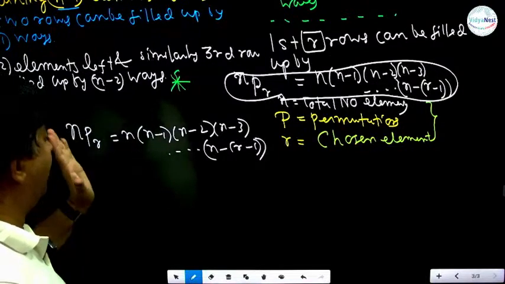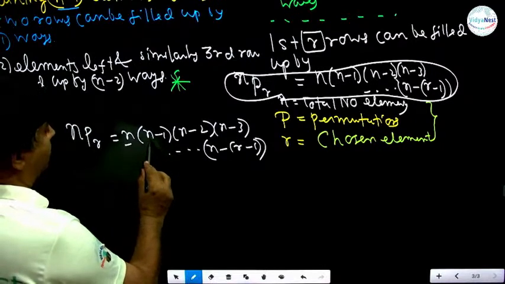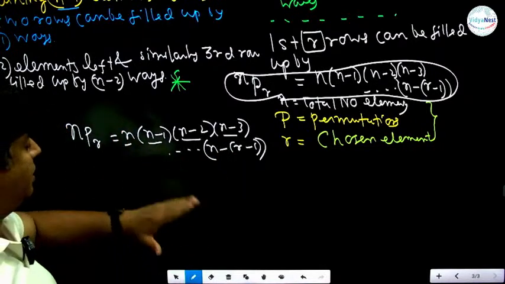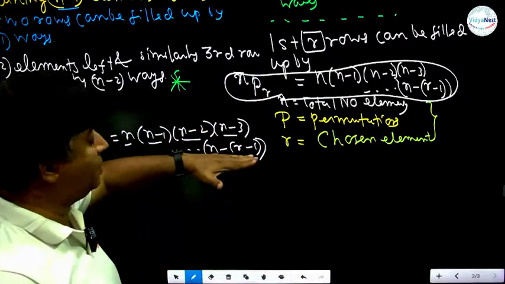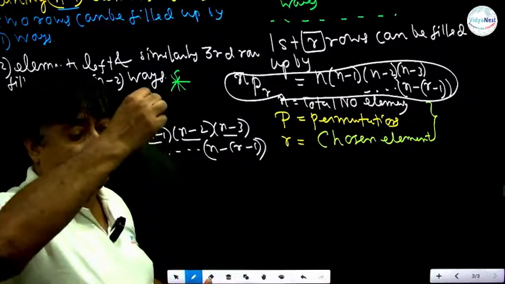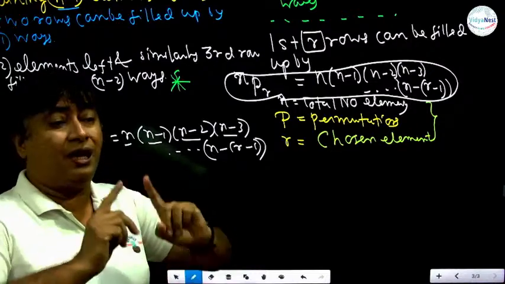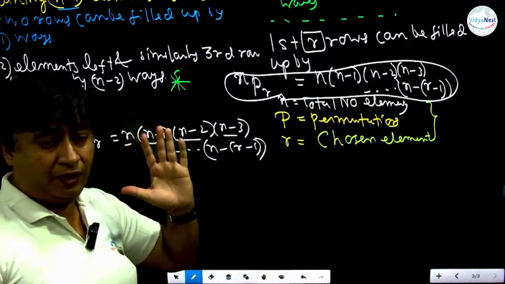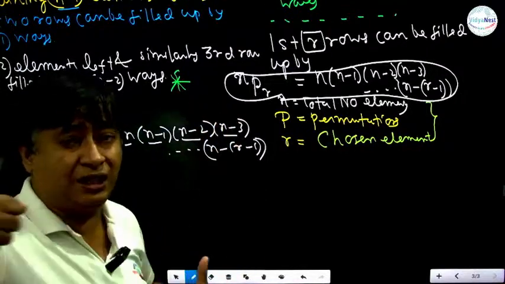Now what is the working rule? You observe that each term is reduced by 1, and being reduced in this way, it terminated at this step, because once I reach this step, all r rows are arranged. You can ask me, once the total arrangement is done, how can you simplify it further? Because this terminates here, no point of stretching it.